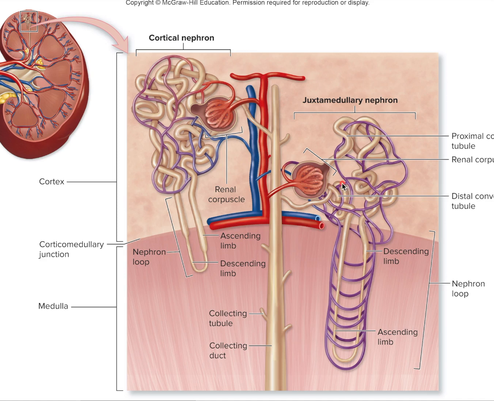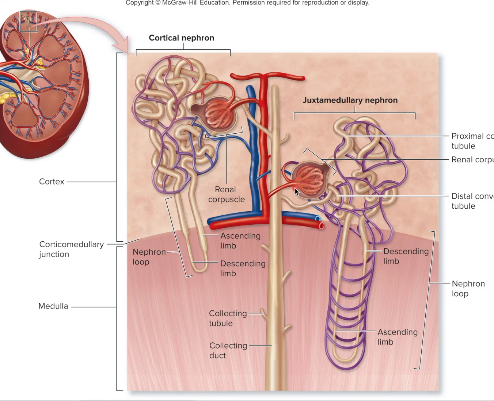And the distal convoluted tubule will come really close to the afferent arteriole. It doesn't really show it in this picture, but it shows it in this picture up here, but it comes in really close contact with that afferent arteriole because there is a communication that happens here between the distal convoluted tubule and the afferent arteriole, where we have a system called the juxtaglomerular apparatus that is going to regulate our blood pressure right here.